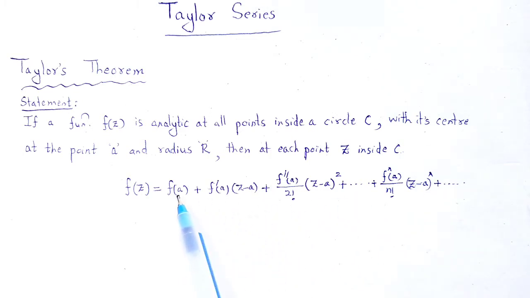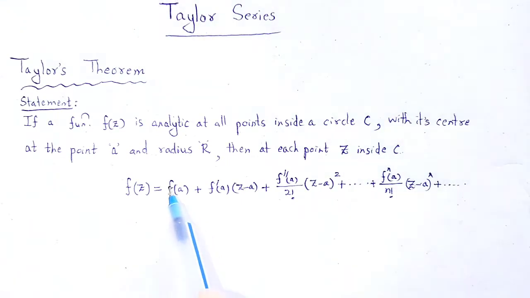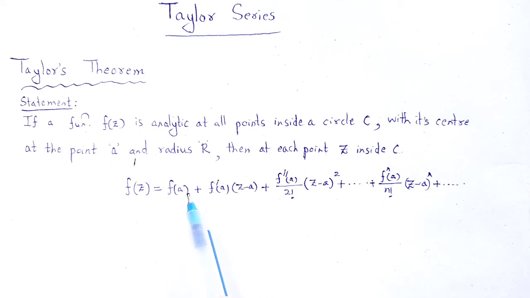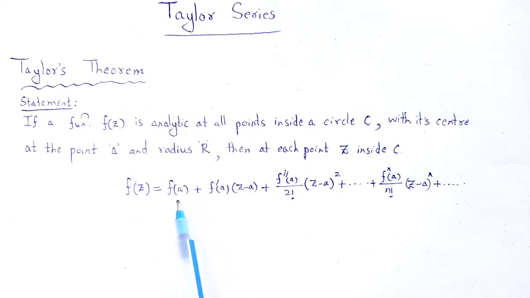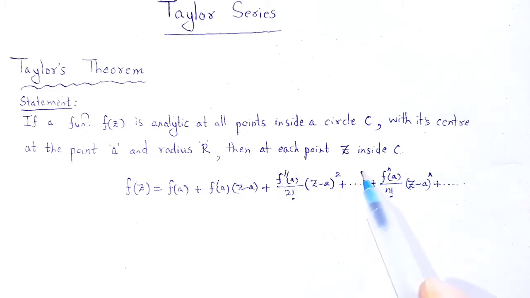Look at that series. Here the function itself is the 0th order differentiation, divided by 0 factorial. At that point it has first order differentiation divided by 1 factorial times z minus a, and so on, as the differentiation order increases.